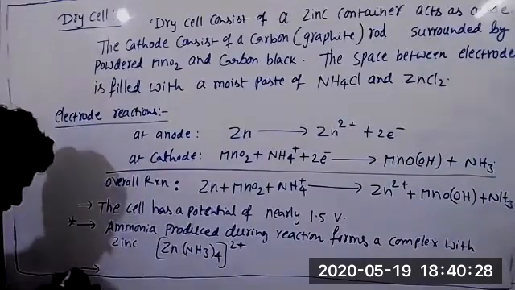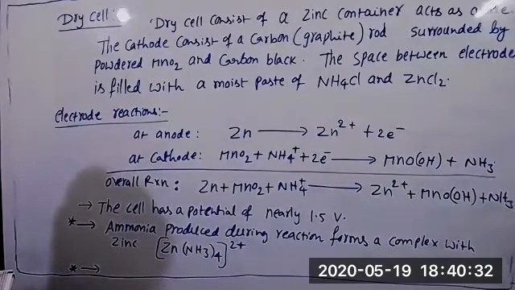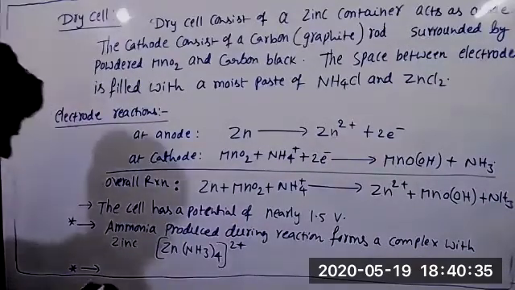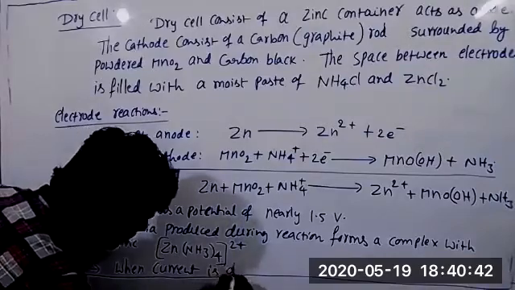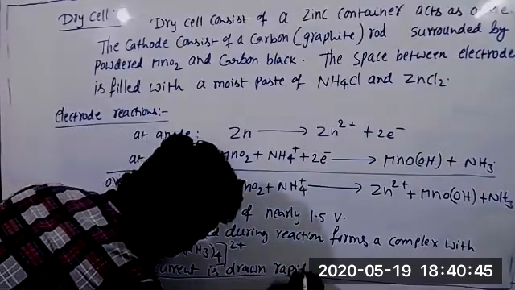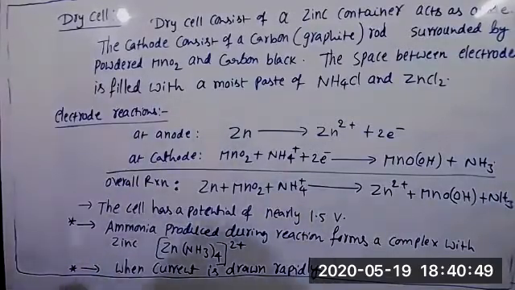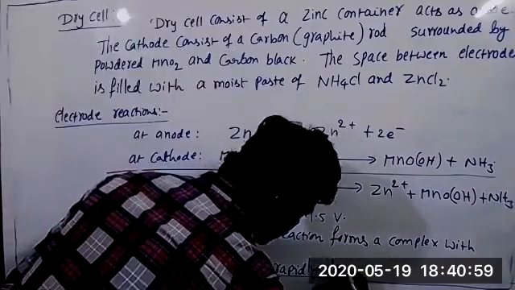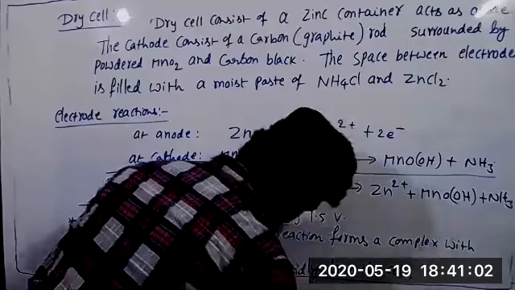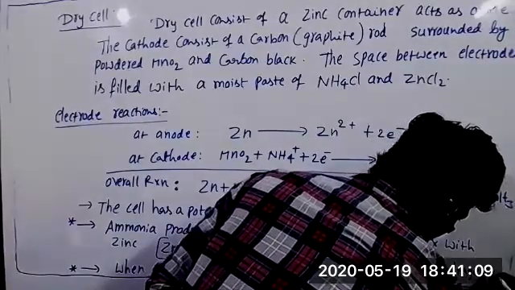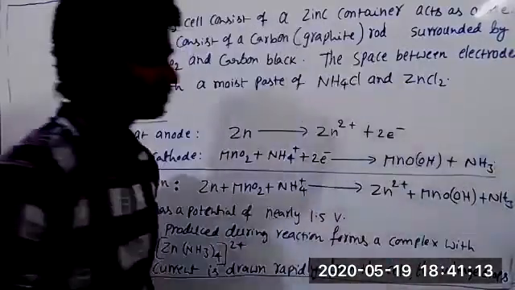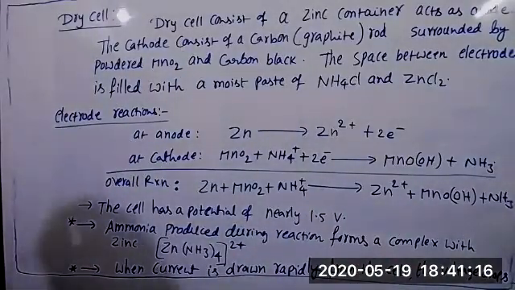Last point: when current is drawn rapidly from the cell, the voltage drops.